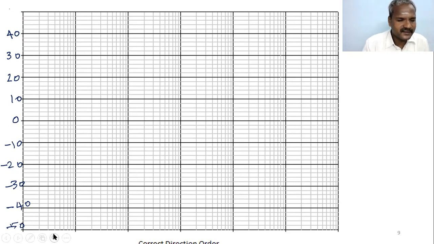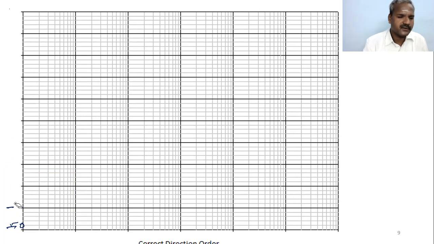Let us take the scale from here. We can have a different scale so that we can easily plot the response, right?